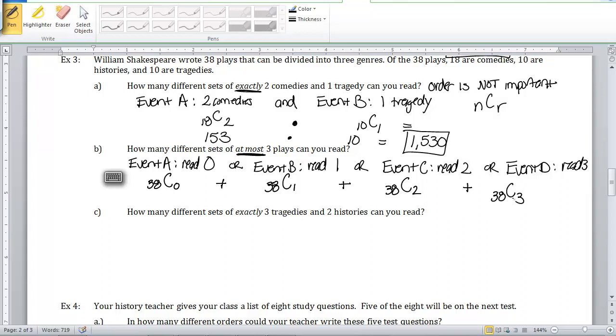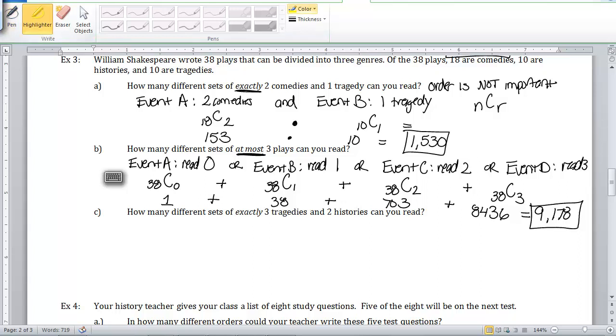Add to that event D. 38 plays, read 3. If we calculate these, for event A, I have a value of 1, plus event B, I have a value of 38, plus event C would give me 703, and event D would be 8,436. If I add all those up, I have 9,178 different ways I could read at most 3 plays.